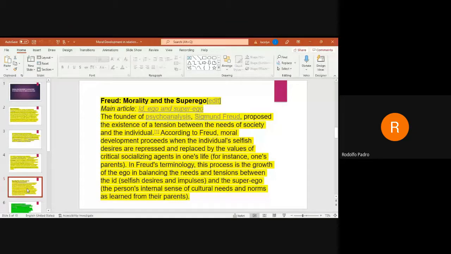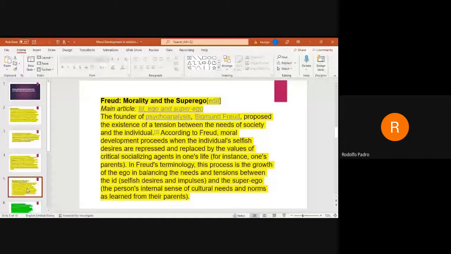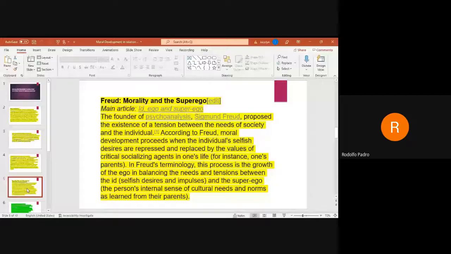That's the reason why at some point we tend to do what is good, and sometimes, because of the circumstances, we do not follow it. That is the realization of everything.